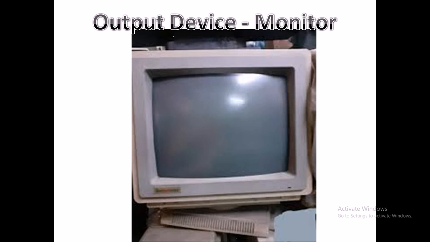Have you seen this kind of monitor? A few of you may have this kind of monitor at your home or office or in places where old computers are kept. Nowadays these monitors are not used because of the resolution and other things, but they can still work. So this is a kind of monitor.